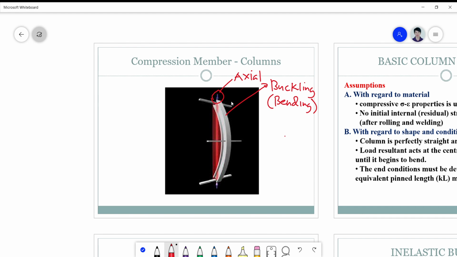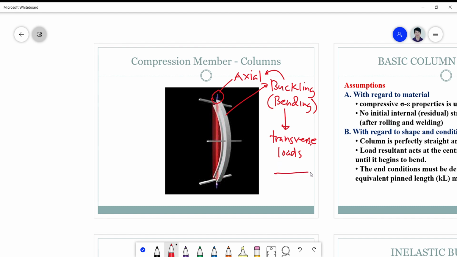So unlike bending in flexure, so bending is more concerned on transverse loadings. So in buckling, loads are actually axial.